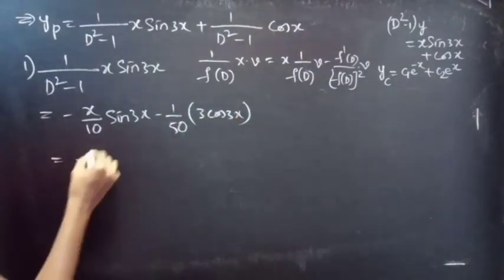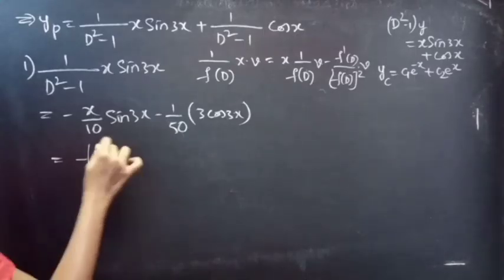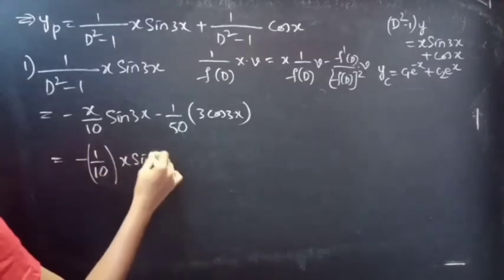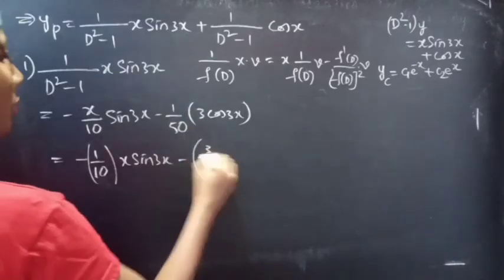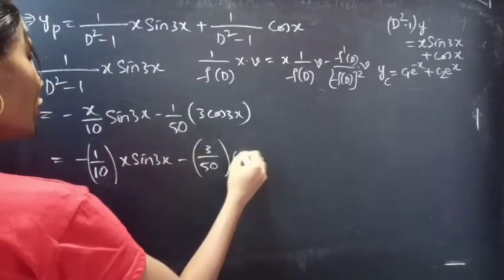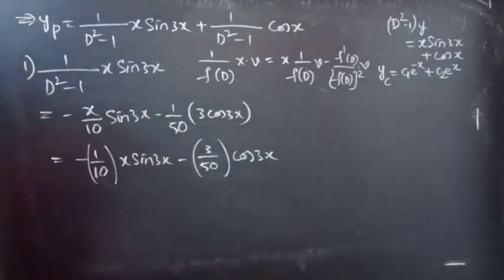Also we can write this as minus 1 by 10 into x sine 3x minus 3 by 50 into cos 3x, right?